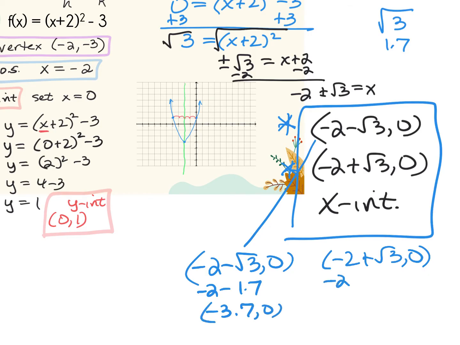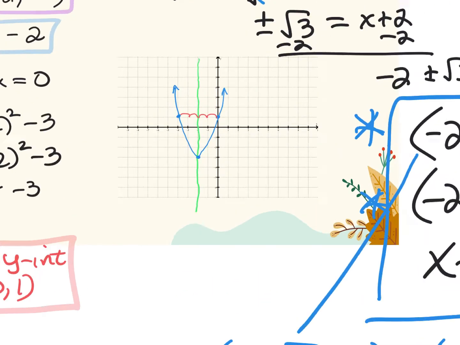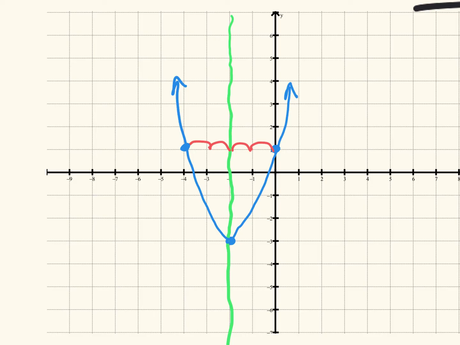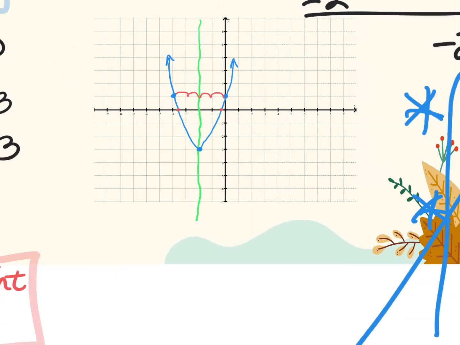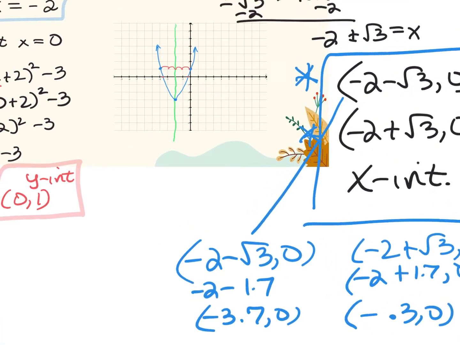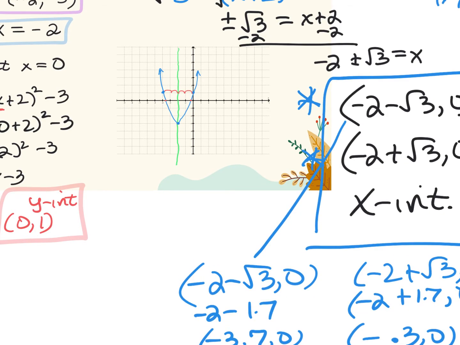And over here, the same thing, I add that and I get -0.3. And if I look at where my graph hit, this looks like about -0.3, and this looks like about -3.7, because it's almost to the 4. So I did a pretty good job here.